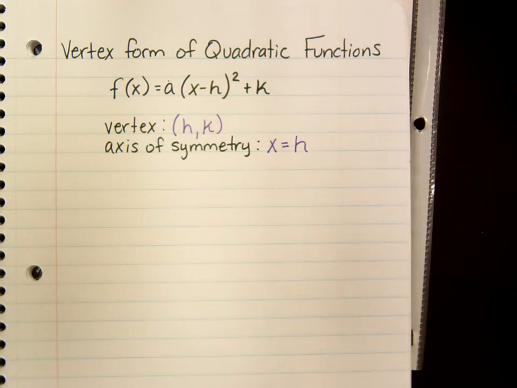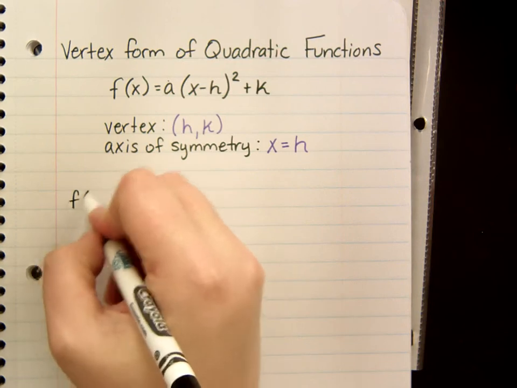Now, this is useful when you're looking to graph it pretty quick. You don't have to use the negative b over 2a to get the vertex. We can just look at it and see it. It's also useful for seeing the transformations of the functions compared to the parent function.